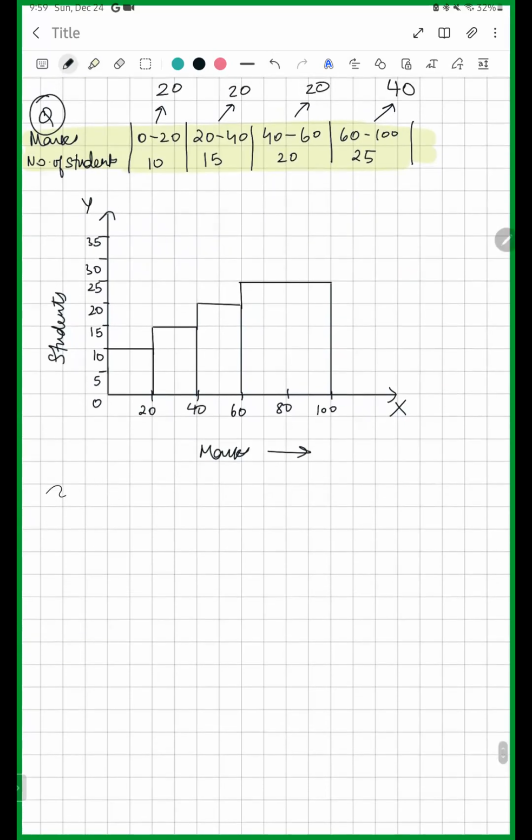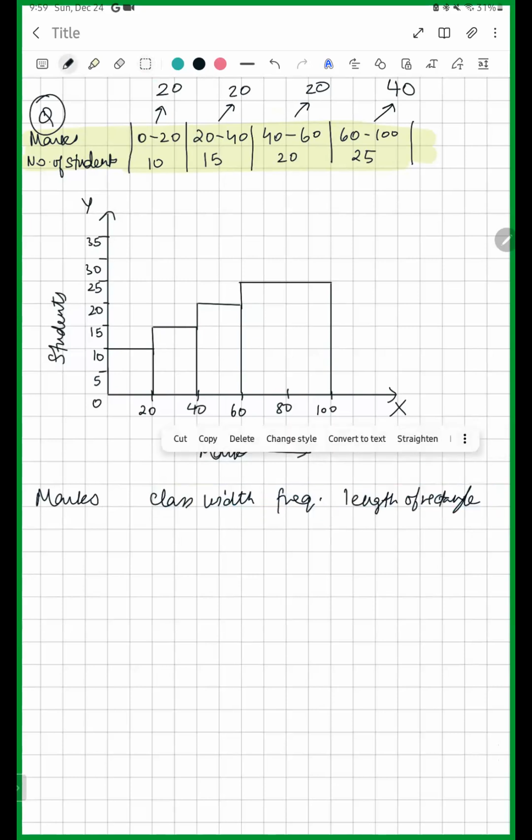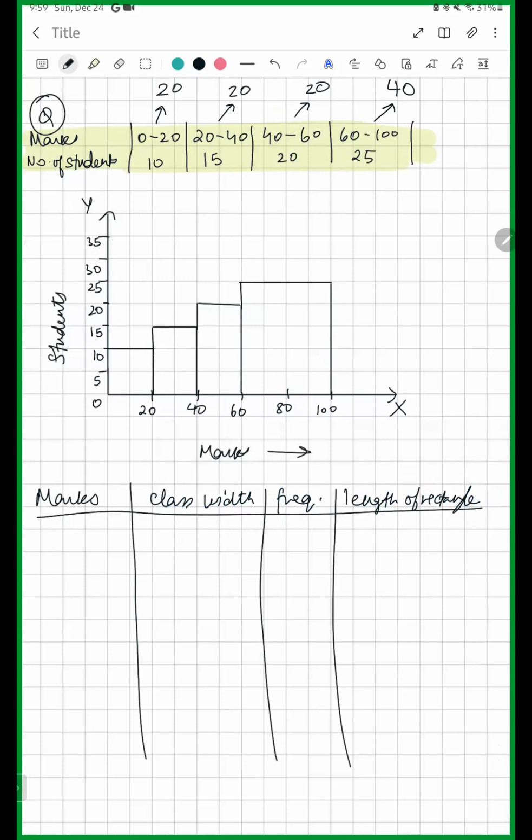So marks, class width, frequency, and length of rectangle.